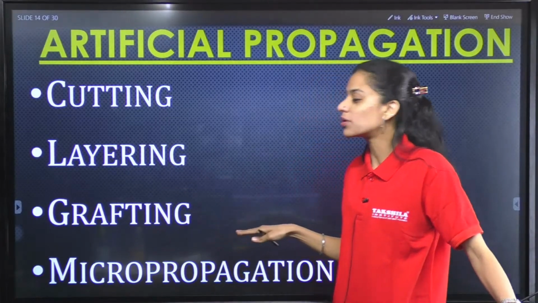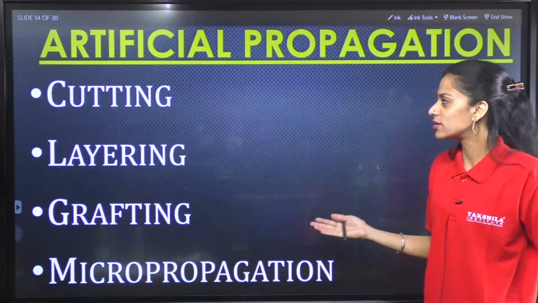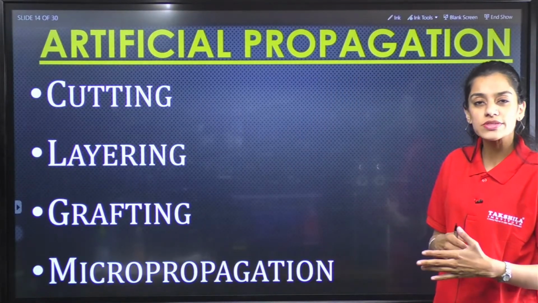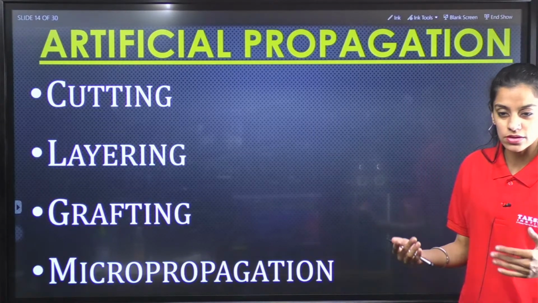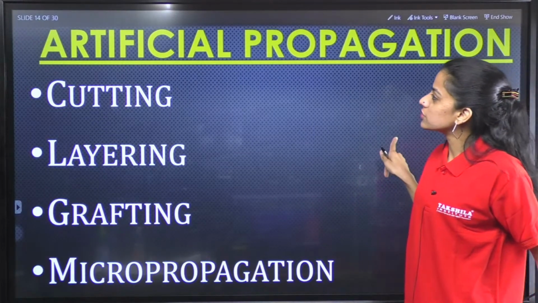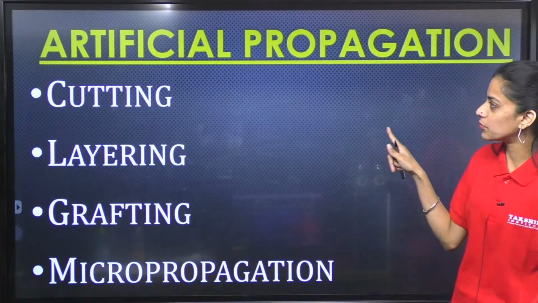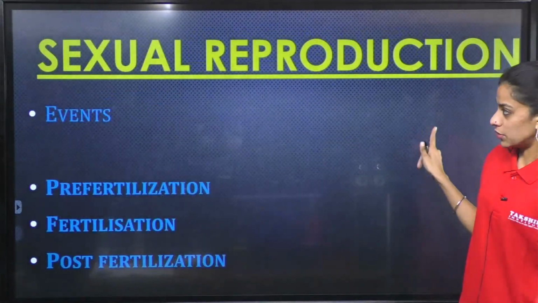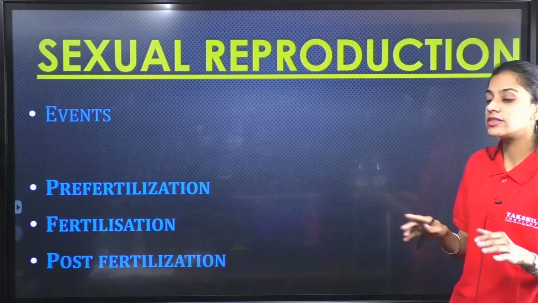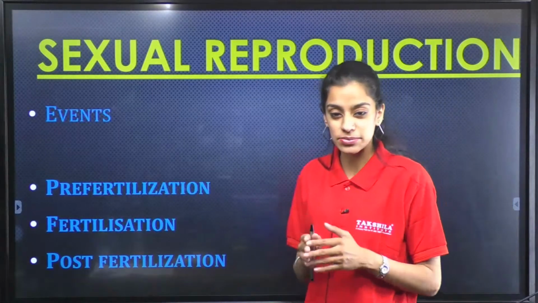Right, so with this you complete the natural. Usually artificial जो है वो competitive exams में पूछे जाते हैं what is the artificial modes of how they work, right? So with this you complete the artificial propagation. Okay, so that means the asexual mode of reproduction is completed.